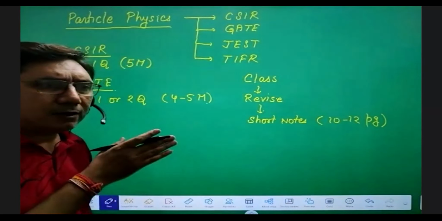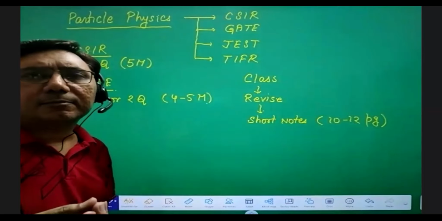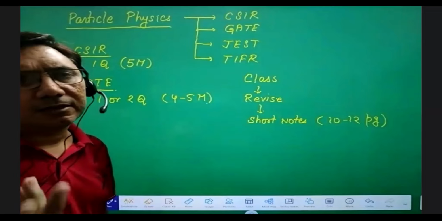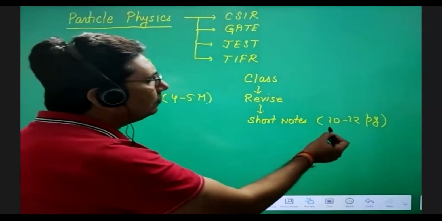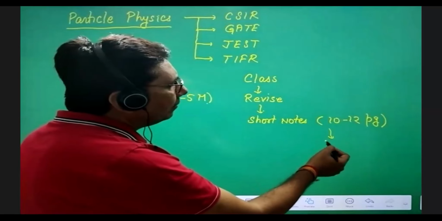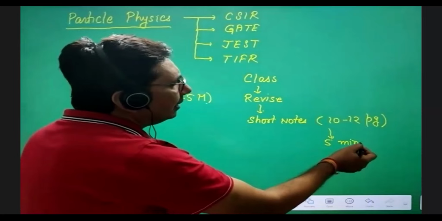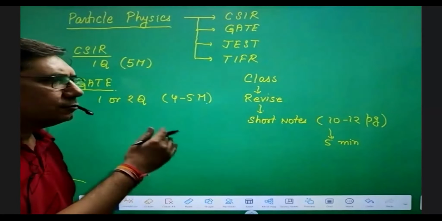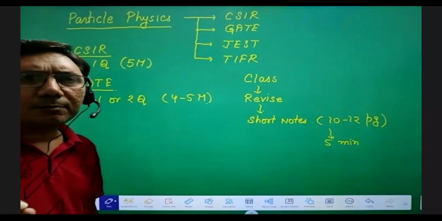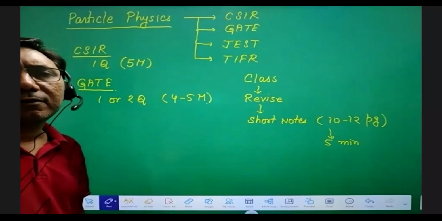In the first 2 or 3 revisions of these 10-12 pages, you will take some time, roughly 20-30 minutes. But after 2 or 3 revisions, hardly you will need 5 minutes to revise these 10 or 12 pages.